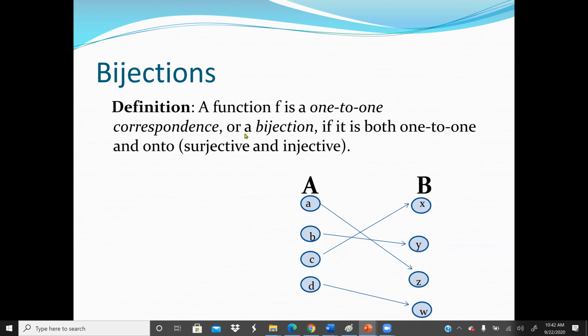We also have bijections. We say the function f is a one-to-one correspondence or a bijection if it is both one-to-one and onto, which means both surjective and injective.